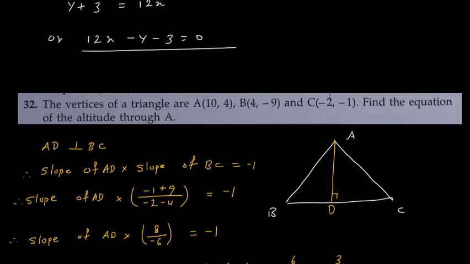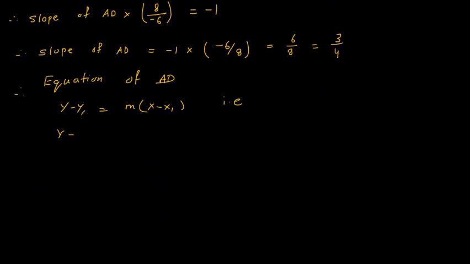What is the coordinate of A? It is (10, 4). So y - 4 = 3/4 into (x - 10). Cross multiply: 4y - 16 = 3x - 30.